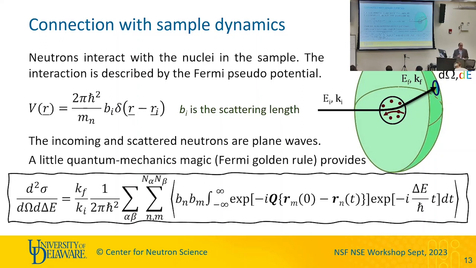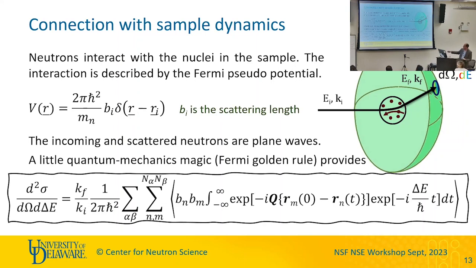You keep in mind that the interaction between the neutron and the nuclei is a small interaction, a small perturbation. This is words to say that when you do the mathematical analysis, you can stop at the first linear term.